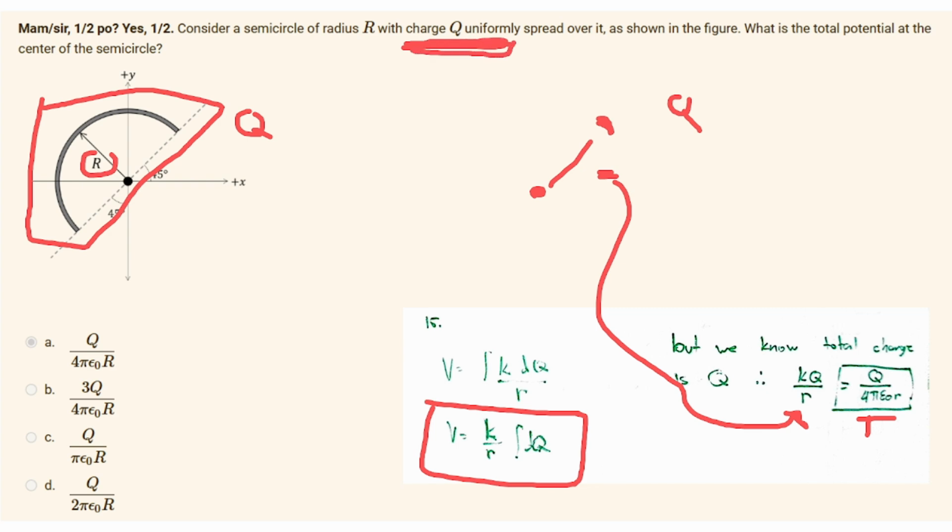So even if it's only a small piece like this semicircle, if the total charge is q, then the integral is q, and it's just kq over r. Even if it's a circle, half a circle, or part of a circle, as long as it's radius r, it is equal to this equation.